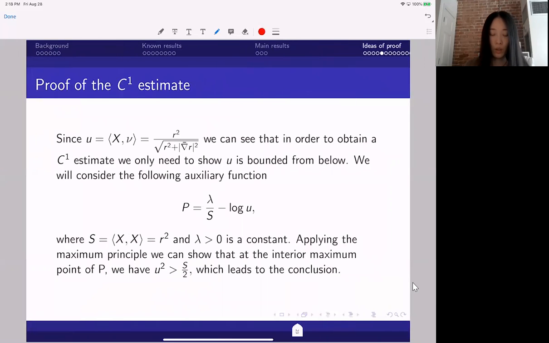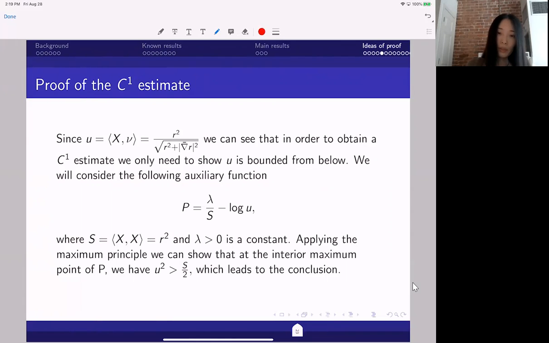Okay, so if we write u as a function of r, it equals r squared over the square root of r squared plus gradient r squared. In order to obtain a C1 estimate, we only need to show that u is bounded from below, so we will consider the following auxiliary function, P, which is lambda over s minus log u.